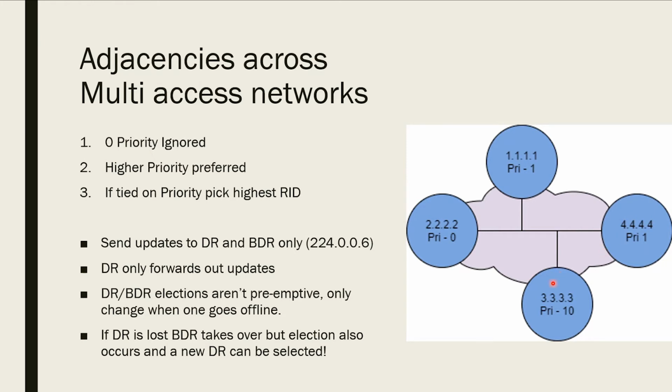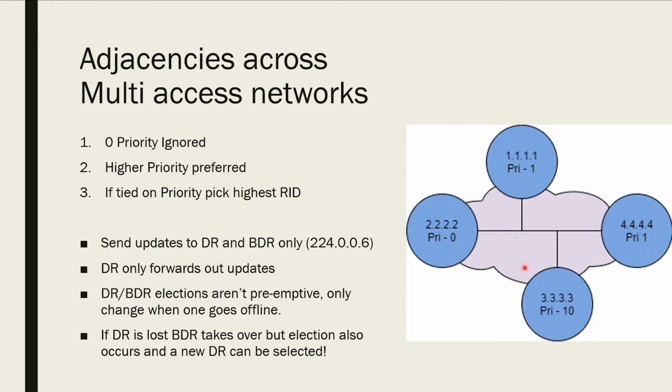The reason why we have those priority values is, if we have a proxy device in there that can't handle a lot of traffic or a lot of processing, we can set that device to have a priority of 0, and then it's ignored from the election and it doesn't take that load.